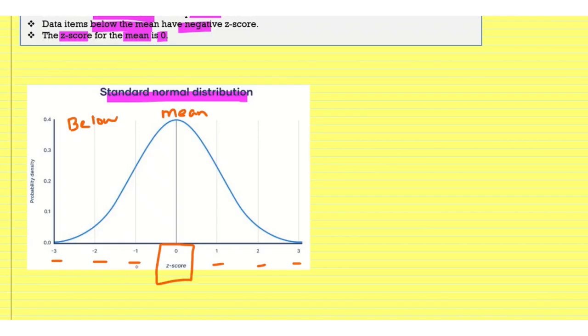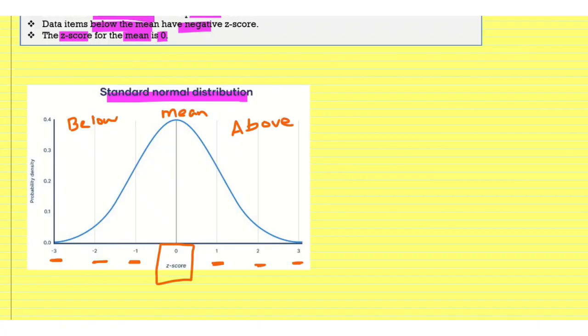These are z-scores: -1, -2, -3, +1, +2, and +3. All the positive numbers are considered above the average.